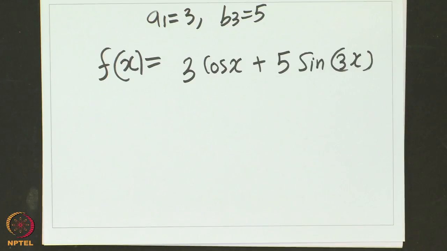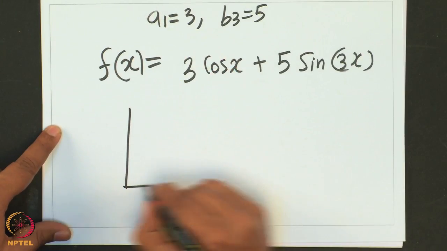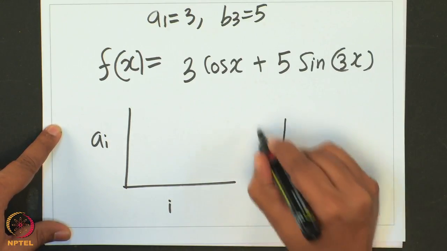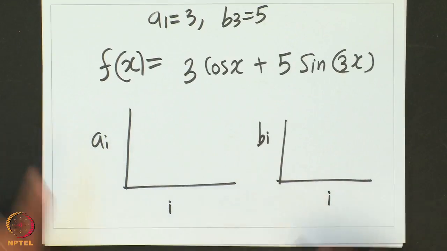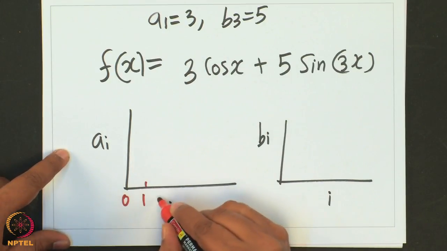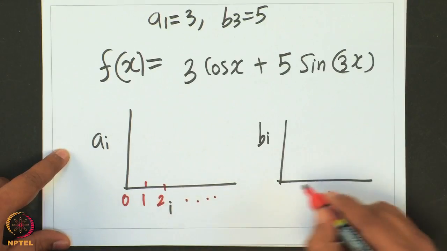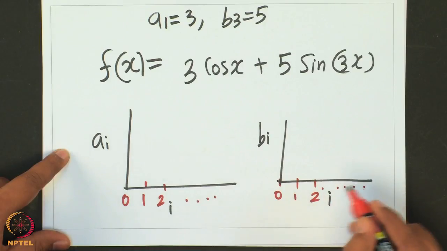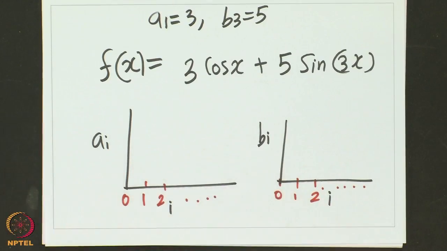So if I specify these two numbers, I have an equation for a function. This could be my protein, for example. The protein expression could look like this. This is some function. I can plot a graph of Ai versus i and Bi versus i, and I would go from 0, 1, 2, etc. Here also I would go from 0, 1, 2, etc. So when A1 is 3, what does it mean?